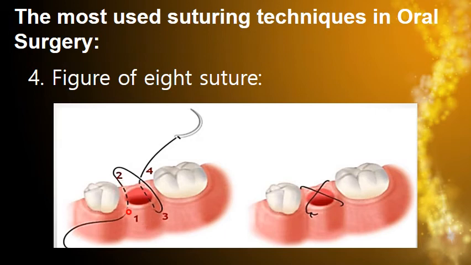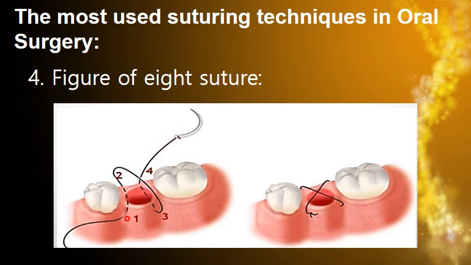I will enter from one side, from the interdental papillae, and then exit in front of it. Let's say I will enter from the mesiobuccal side, exit from the mesiolingual side. Then I will re-enter from the distobuccal side and exit from the distolingual side.